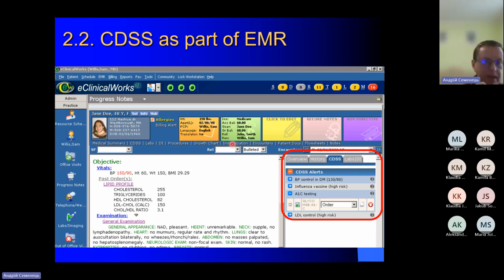And how could it look practically? Much different and much simpler. So here we have CDSS embedded into EMR software. That part is right, even being entitled as CDSS.